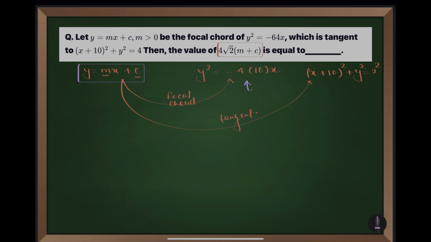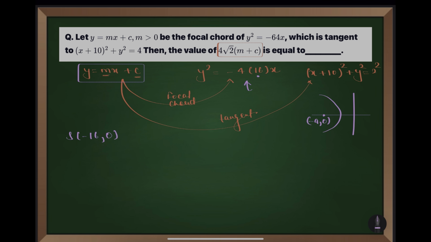Correct? Now you know that it is a left side opening parabola, so the focus is minus a comma 0. Correct? So who is a? a is 16. So can I say that its focus would be minus 16 comma 0? Correct?